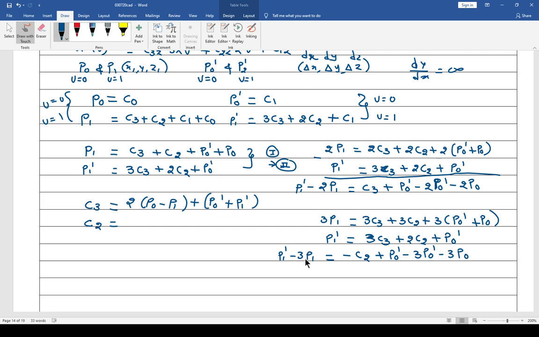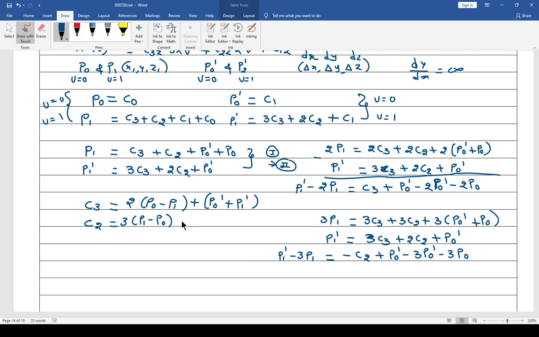Okay, that is very clear. And the coefficient of P0 dash is also 3, and it is minus. So therefore I could write 3 into P1 minus P0.